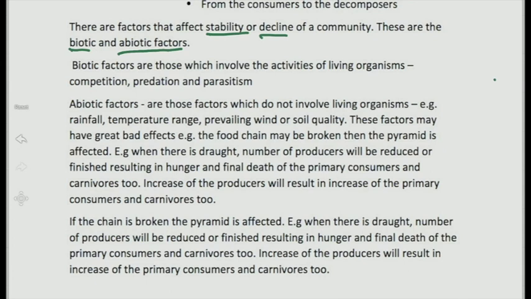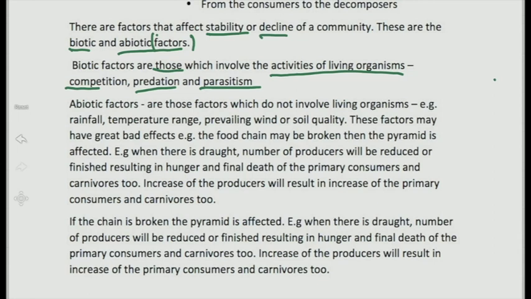Biotic factors are those which involve activities of living things. These include competition, predation, who hunts who, and then, as you have said, we have parasites, parasitism.